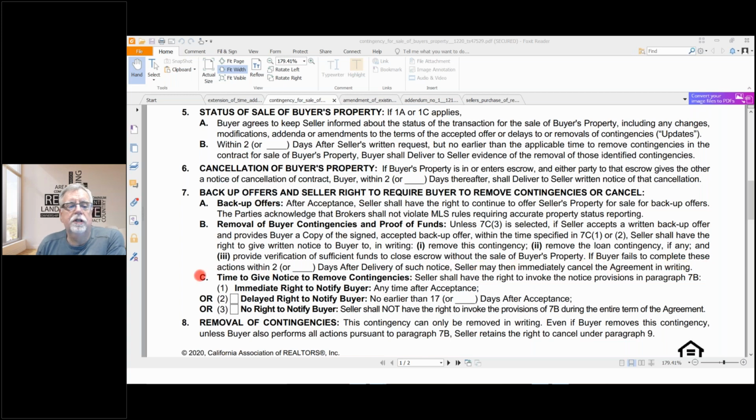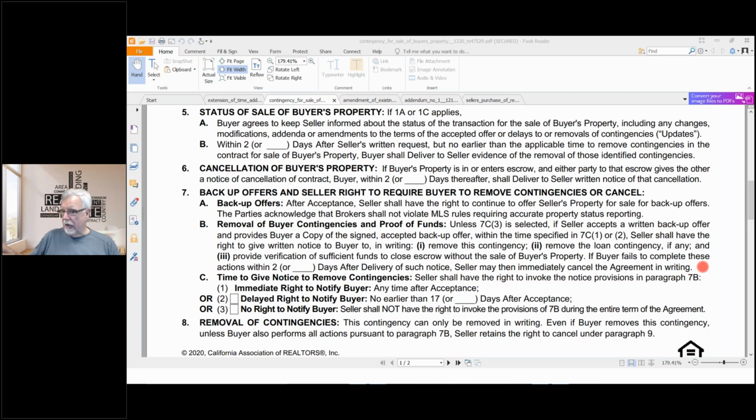If buyer fails to complete these actions within 2 days after delivery of such notice, seller may then cancel the agreement in writing. What that means is that if that property in Santa Rosa gets an offer that's not contingent and they like it better, they can accept it.